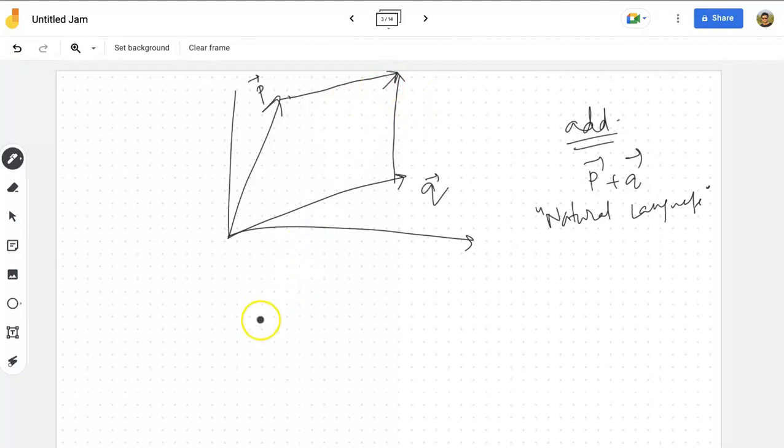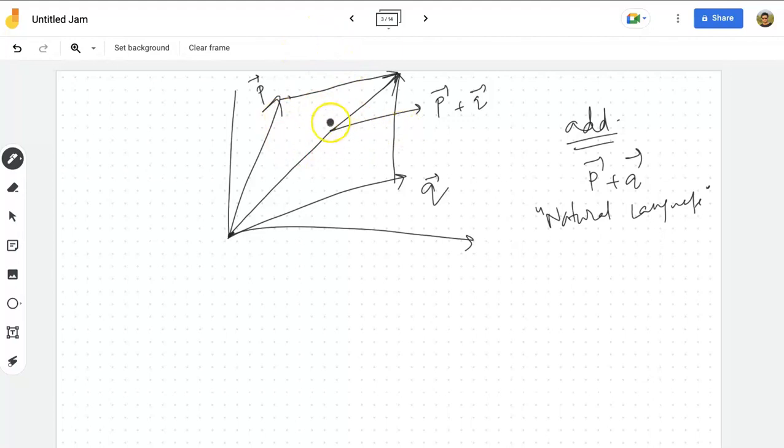Now what is the addition of these two? It goes from the initial starting point to the opposite corner. This is P plus Q. This comes from vector calculus, class 11 physics.